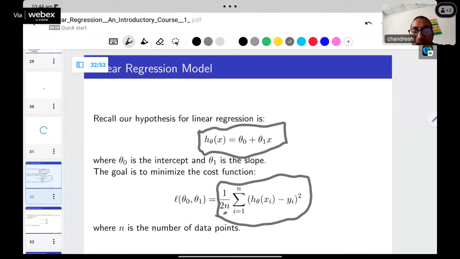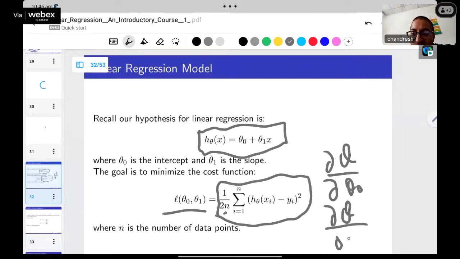Now remember, in order to run gradient descent algorithm, you have to calculate the partial derivative of this loss function with respect to parameters. So you have to compute del L by del theta 0 and del L by del theta 1. If you compute these two partial derivatives, set it to 0, then we'll get our gradient descent update equation.